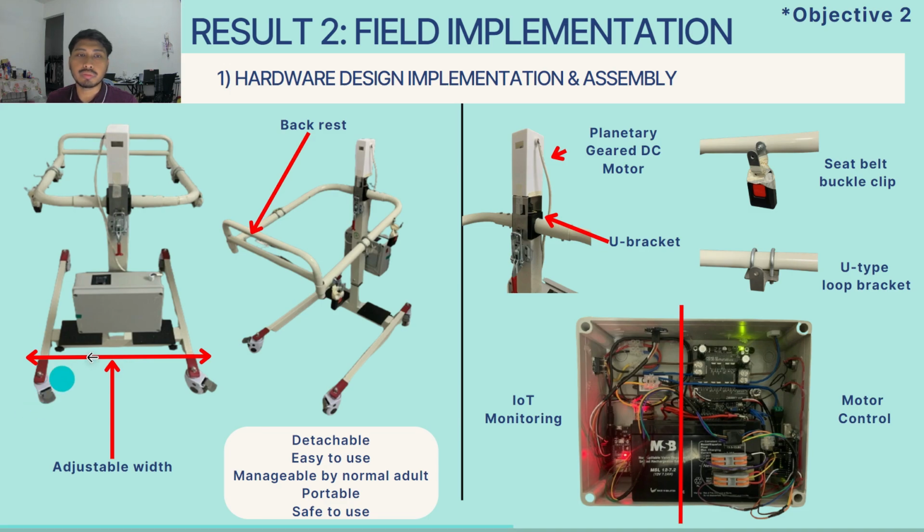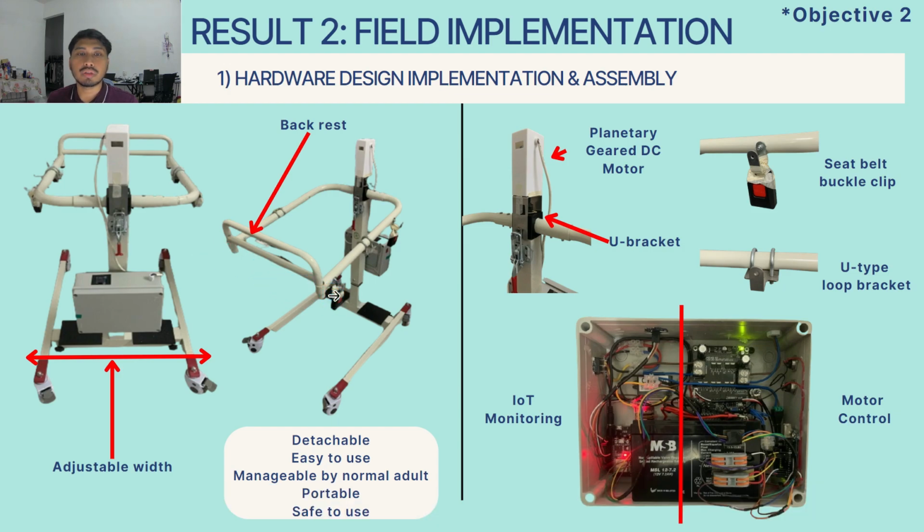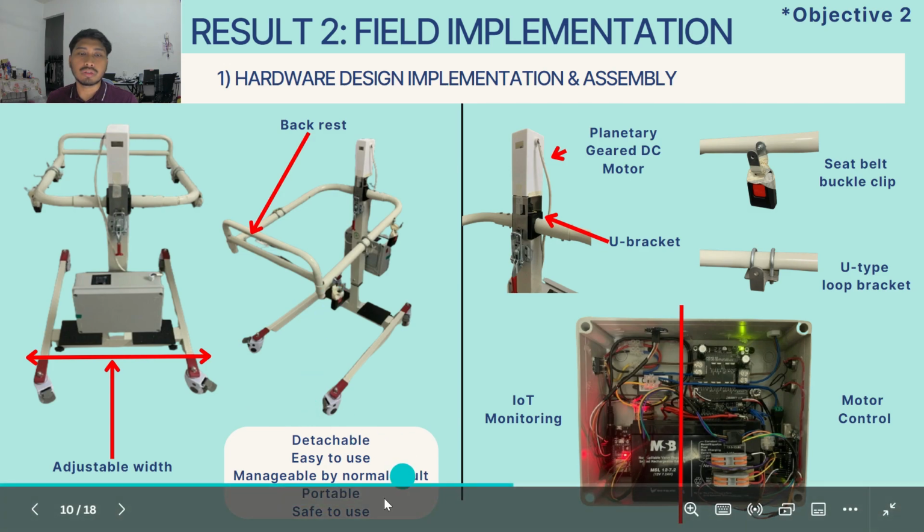After that, I put a backrest on the tips of the armbar, because certain patients are not strong enough to sit upright and tend to lie down and fall on their back. So I decided to put this in, and it is aligned with our design element.